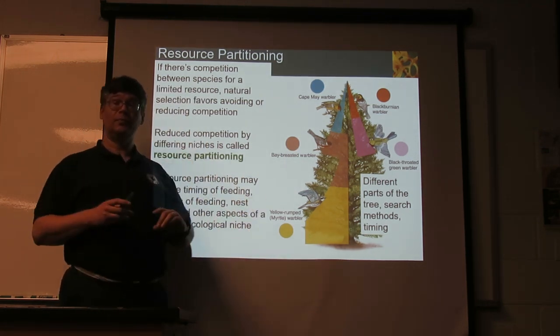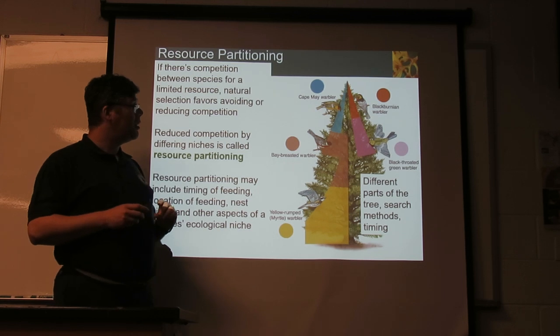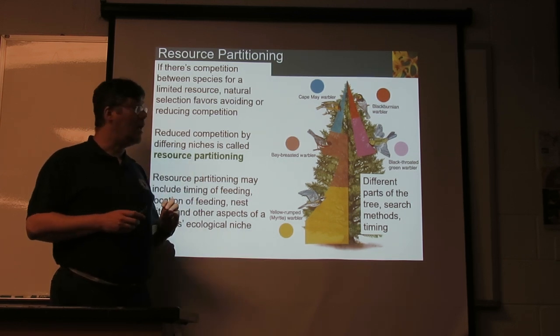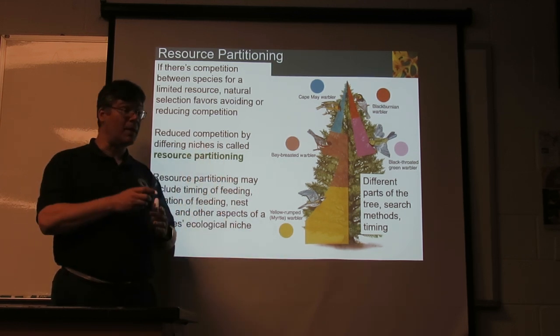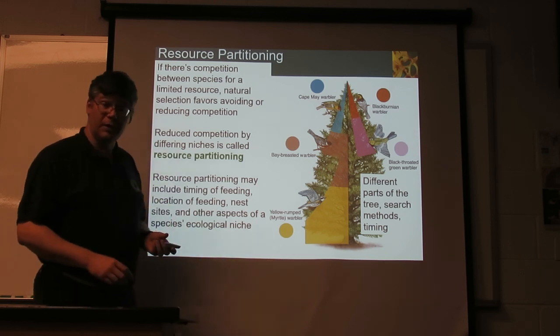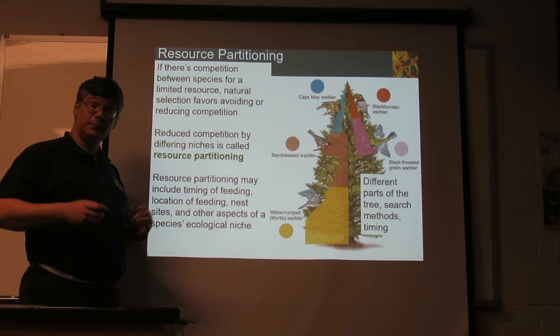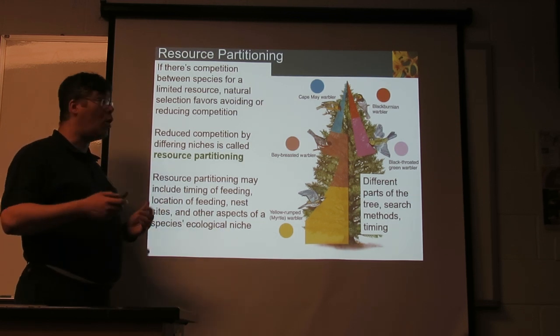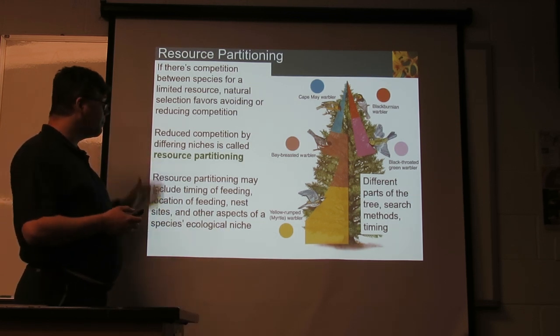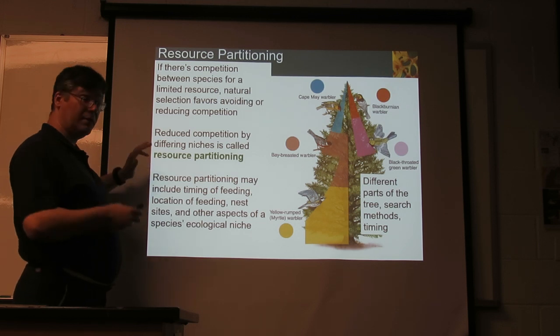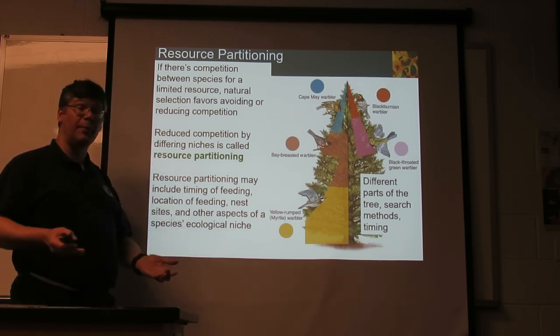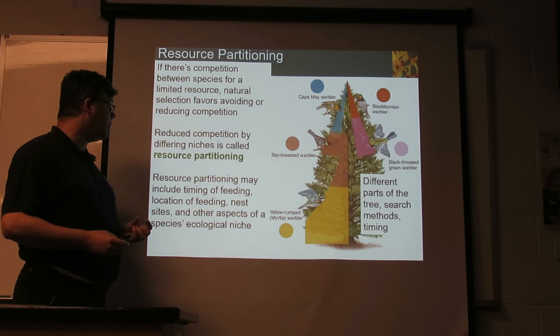There are different types of hiding places that insects could have, and by focusing in on different parts, each one has its own place to focus on, and they're all able to coexist. This is resource partitioning, dividing up the resource so that everybody gets some and you're not directly competing.